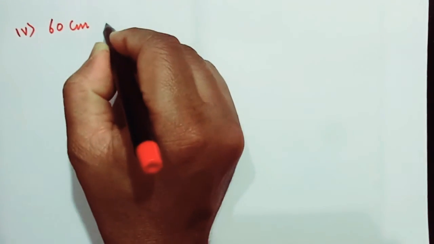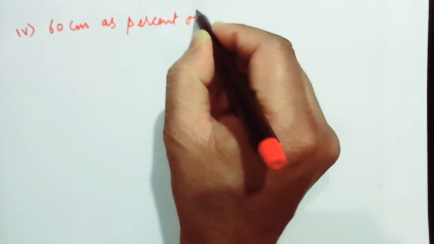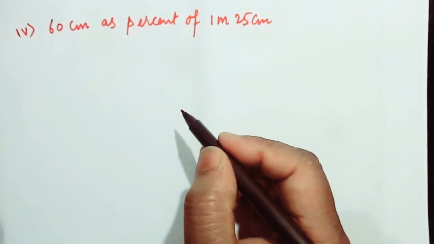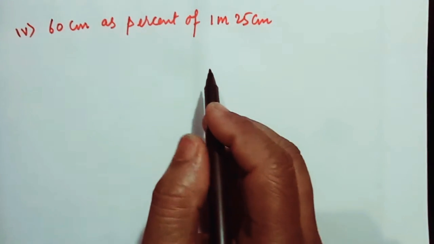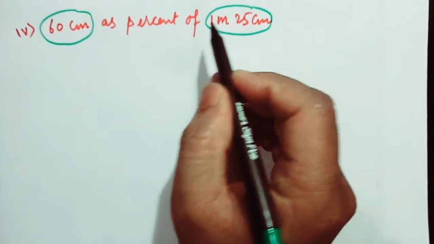When we come to the fourth one, they say 60 centimeter as percent of 1 meter 25 centimeter. We had done this kind of problems before where we had converted this into a simple ratio, isn't it? 60 centimeter and 1 meter 25 centimeter.